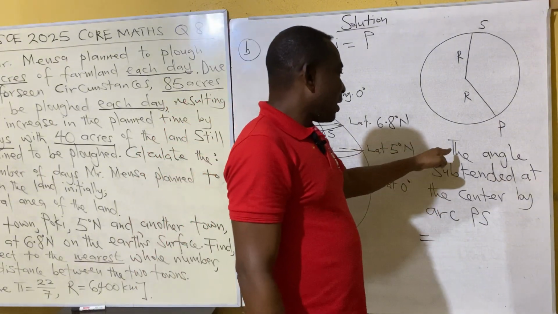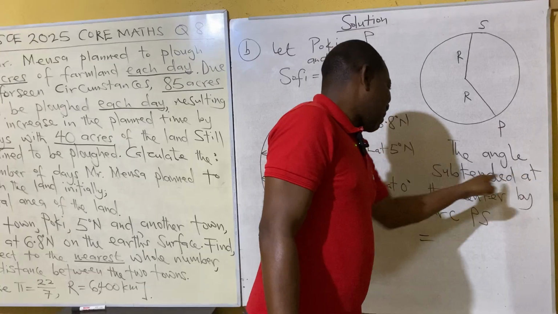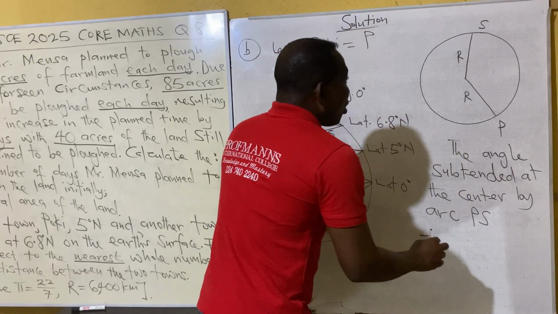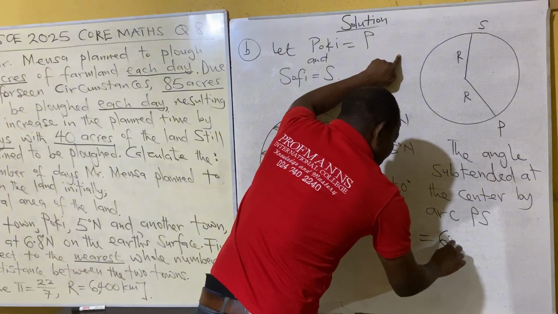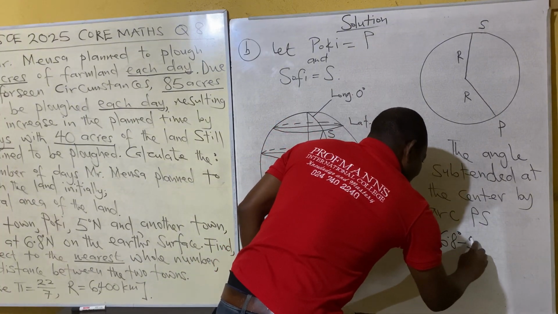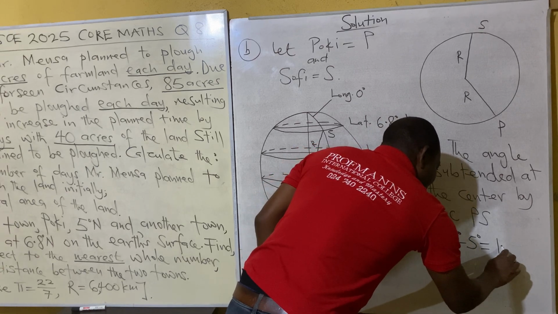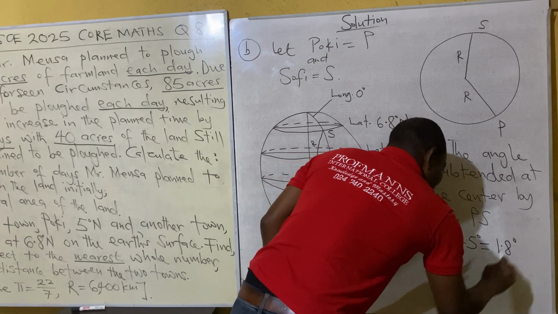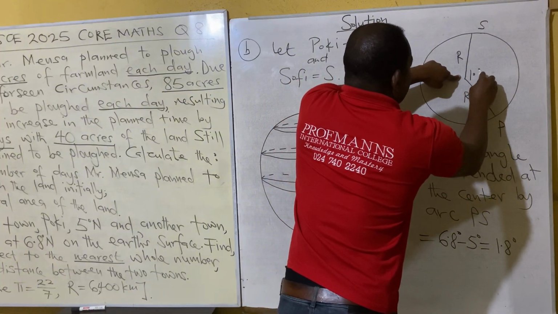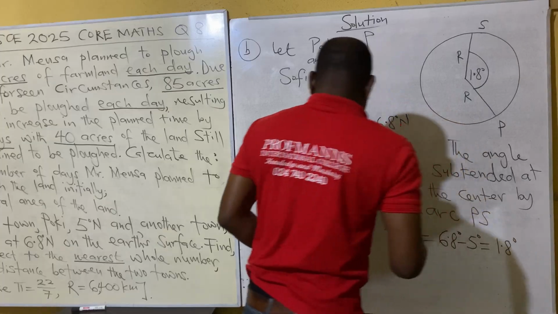So we say that the angle subtended at the center by arc PS is 6.8 degrees minus 5 degrees, which is equal to 1.8 degrees. So the angle here is 1.8 degrees.